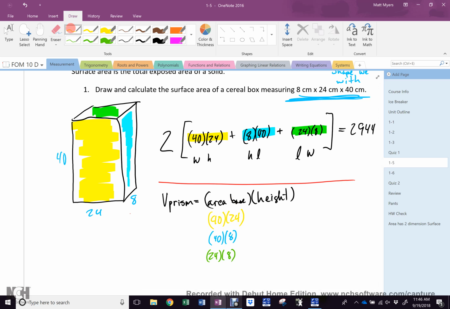What is the height if I use the yellow? 40. Again, what is height? Height is the direction the base repeats. I cannot stress this enough. You must change your thinking from height being up and down. And I've given you a million examples as to why.